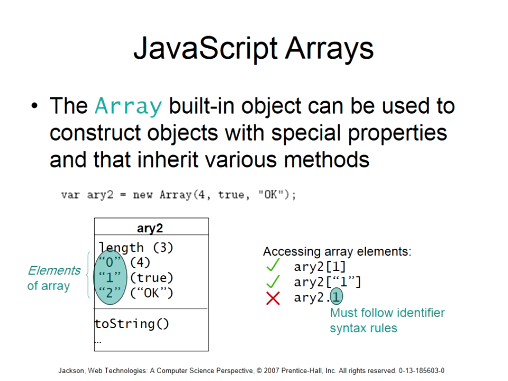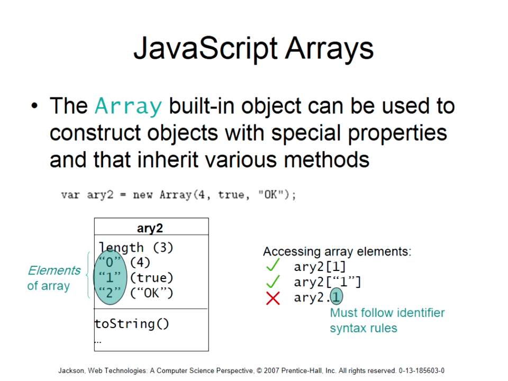After that, the Array built-in object can be used to construct objects with special properties and that inherit various methods. We can write a variable array2 = new Array(4, true, 'ok'). In this case, I will create the array and add the values of this array.